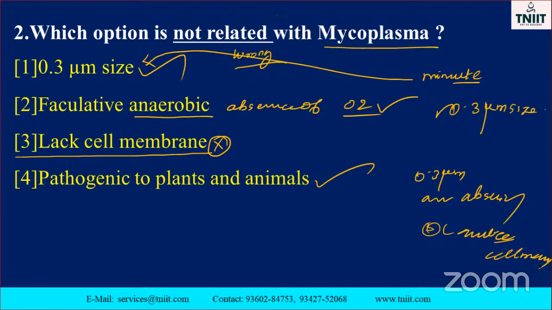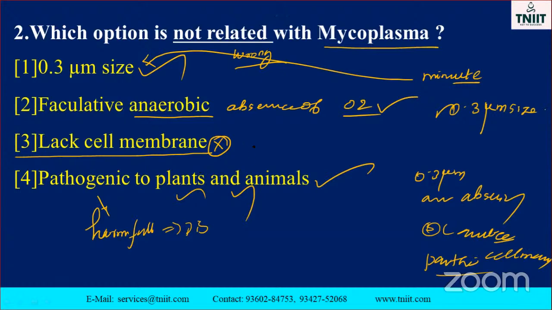All mycoplasma are harmful in nature. They produce disease only, in plants as well as animals. So these are correct. Which one is the wrong one? This is not a relative one.